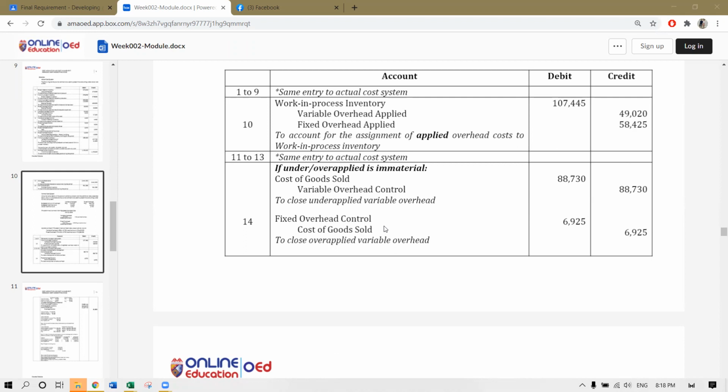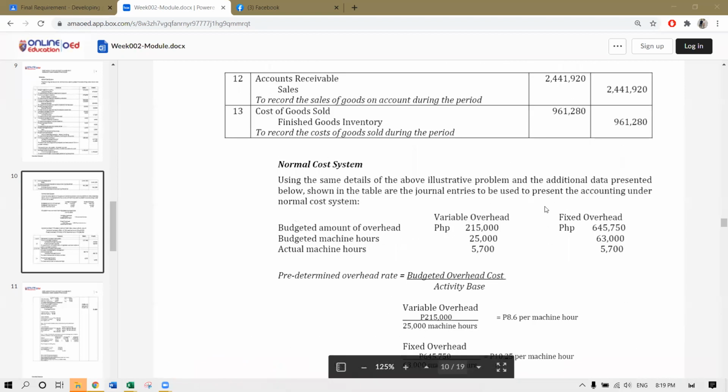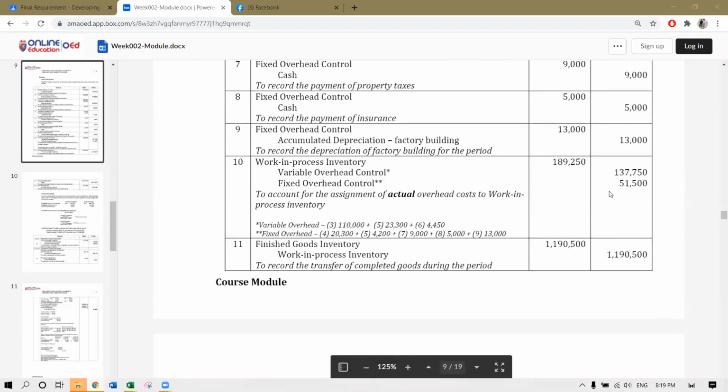That's why we credit it, because cost of goods sold is an expense, and an expense has a normal balance of debit, same as an asset. So if we credit it, it means a deduction. We deduct it from cost of goods sold so that it equals the actual cost of 51,500 for fixed overhead control and 137,750 for variable overhead control.